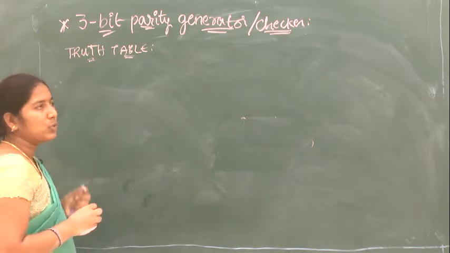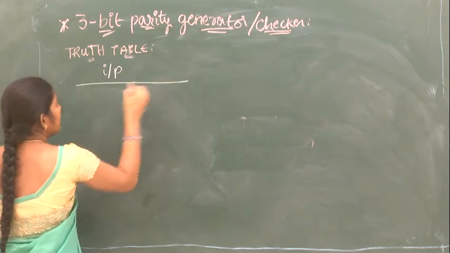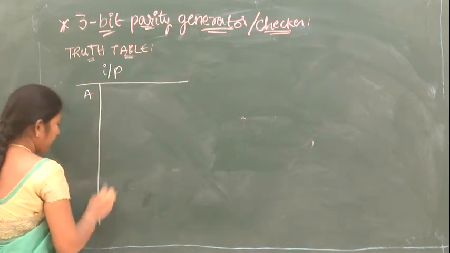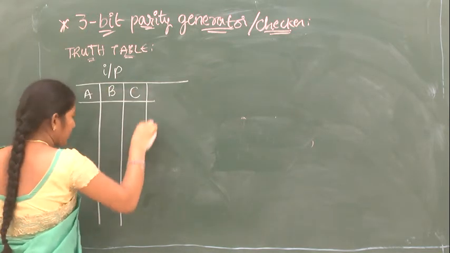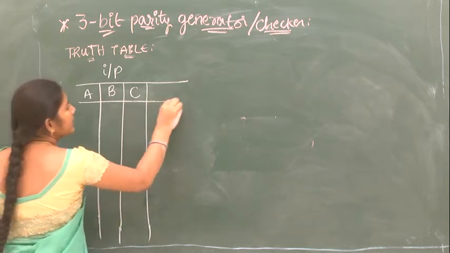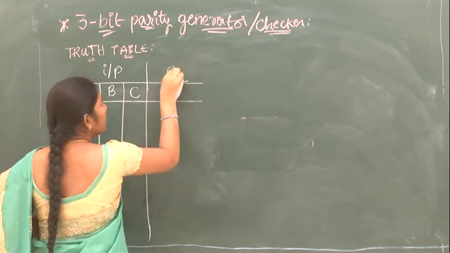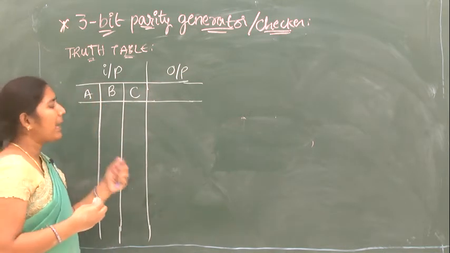As we are assuming it is 3 bits, I am considering 3 input bits A, B, C, and the output we need to generate is a parity bit.